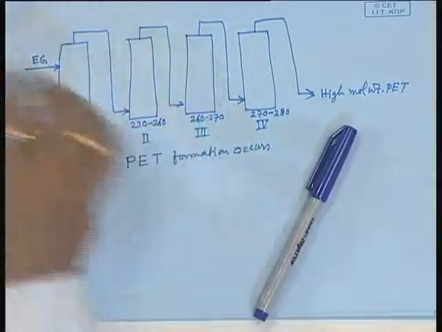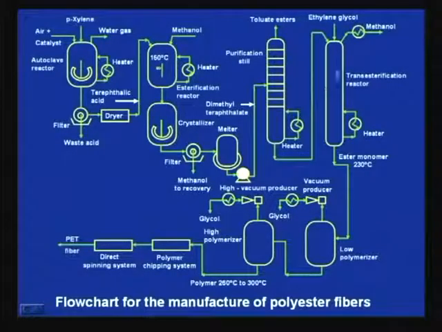In this diagram, all those reactors are shown in one place. Anyway, here it is also shown in a different way, 260 to 300 degree Celsius temperature, and then glycol recovery is also there, and ultimately we get, through the polymer chipping system, small flakes or granules.